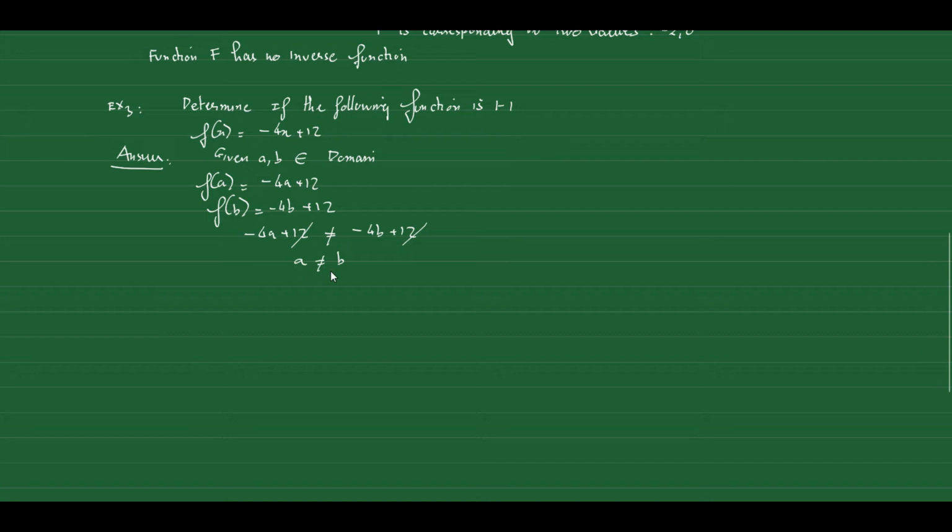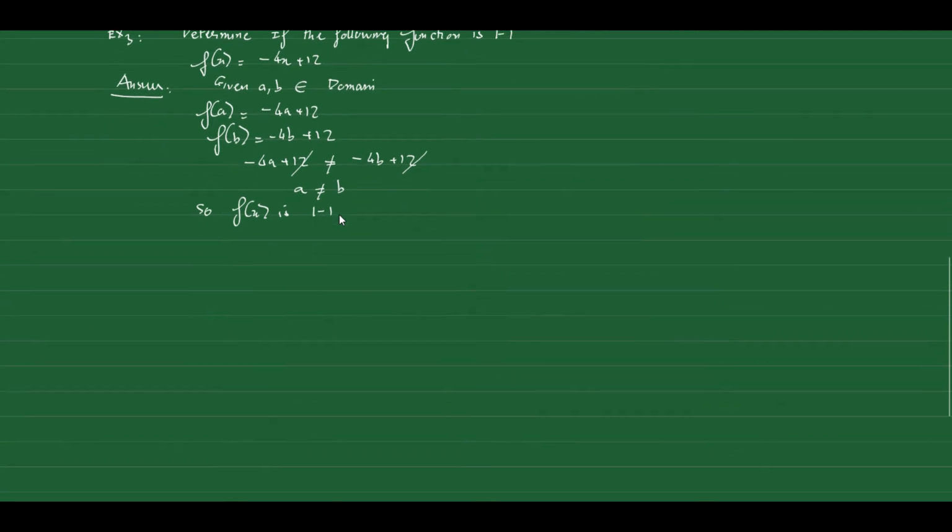If a is different from b, then f(a) is different from f(b). If f(a) is different from f(b), then a is different from b. Of course, over here a is different from b, because we write f(a) different from f(b). Then over here we show that a is different from b. So of course, f(x) is 1-to-1. Okay, you can use numbers to check if you want to.